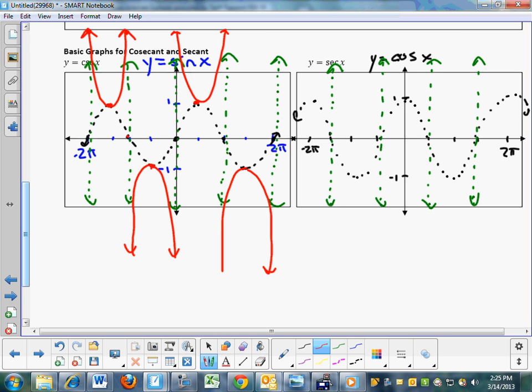Then I look for my maxes and my mins. And at my maxes and my mins, I draw my U-shapes. So I got one right here. I draw it. Got one right here. What do you think?